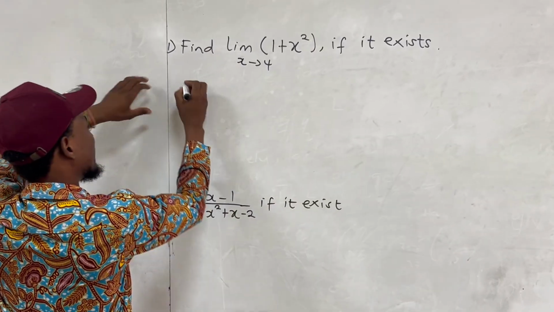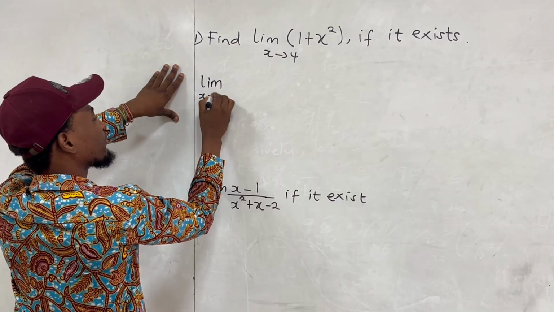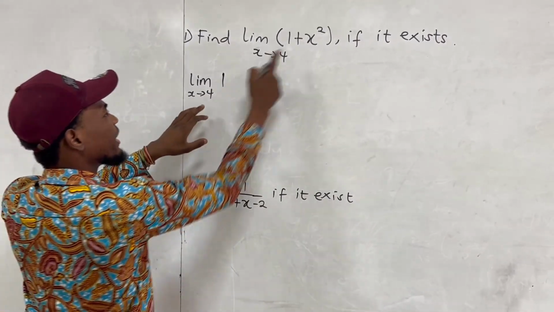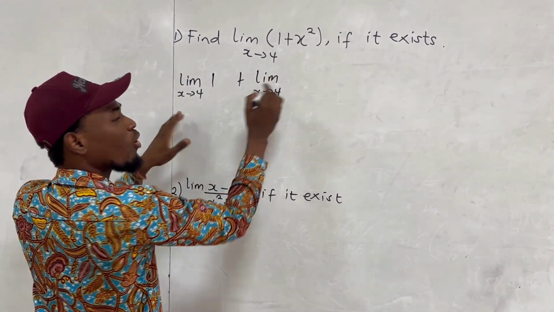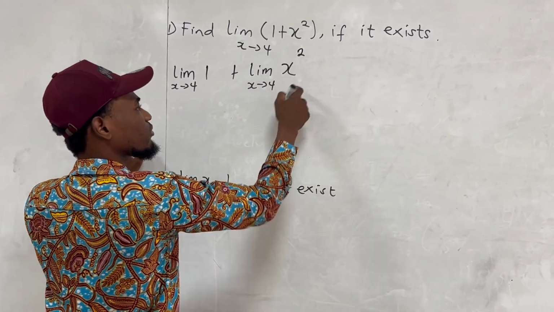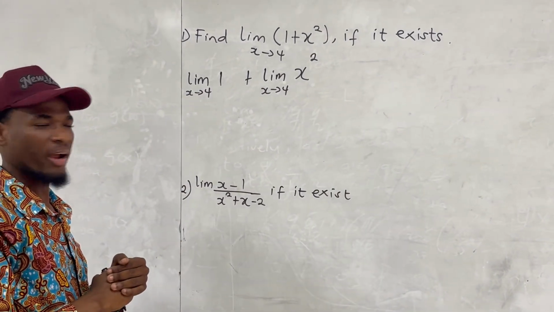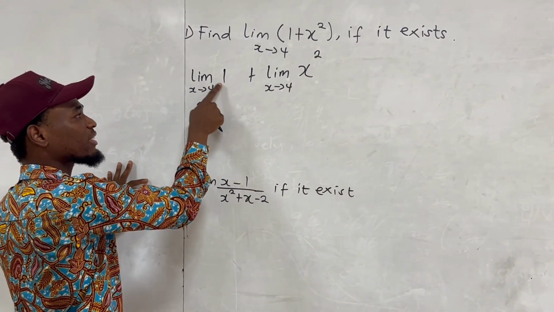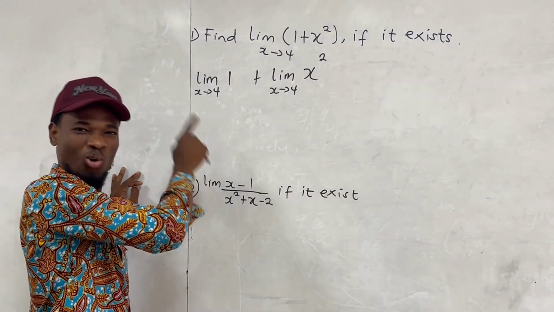This is the same as the limit as x approaches 4 of 1, plus the limit as x approaches 4 of x squared. Remember, the limit of a constant gives that constant.